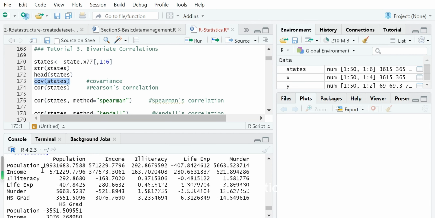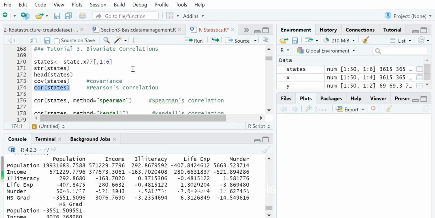For example, the population with itself has a very high covariance, and this is the covariance value between population and income. And for example, illiteracy and life expectancy have a negative covariance, right?